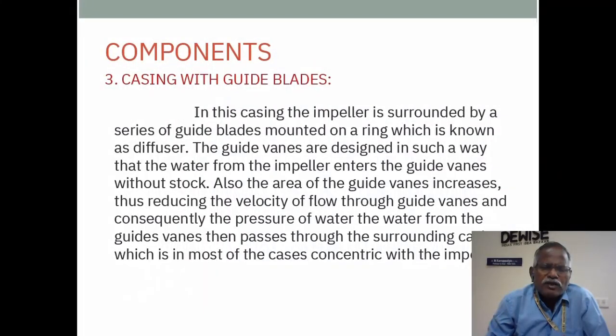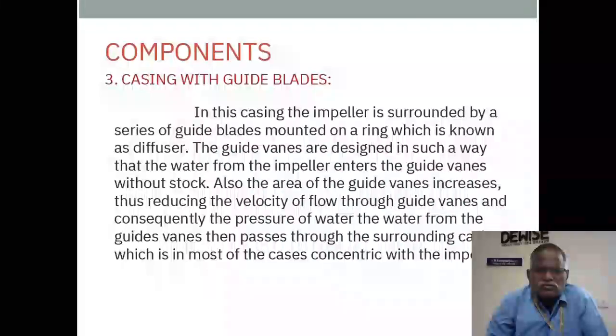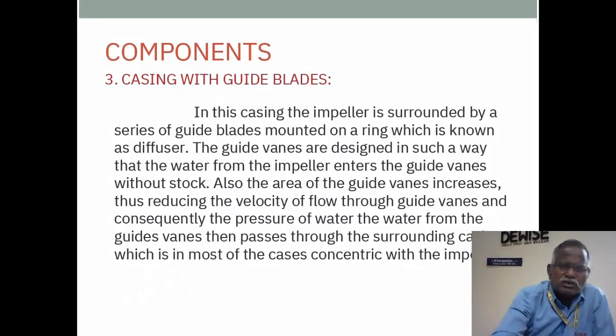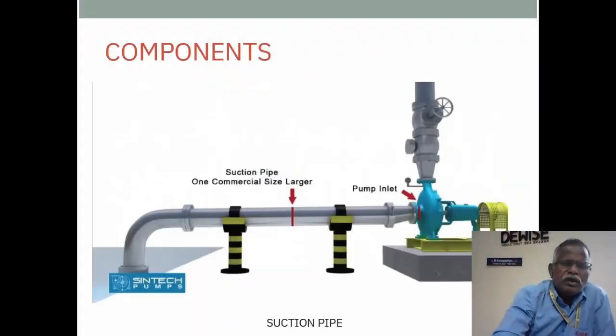Also, the area of the guide vanes increases, thus reducing the velocity of flow through them. The water then passes through the surrounding casing. In most cases, the casing is concentric with the impeller. This is a diagram of the components and how the pump works.